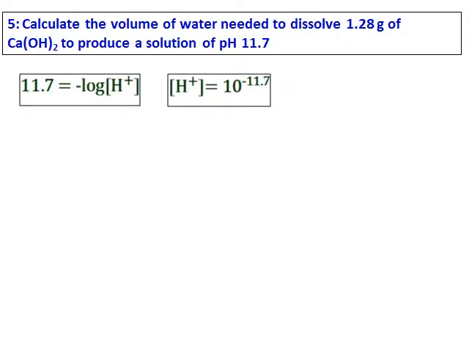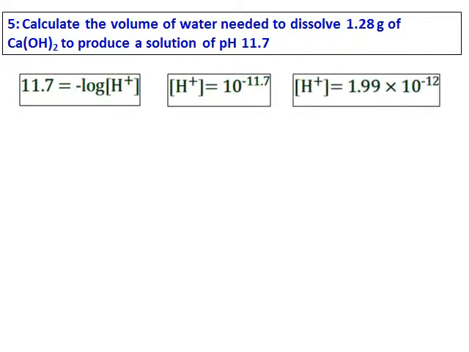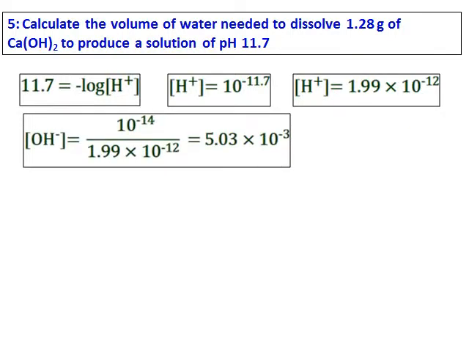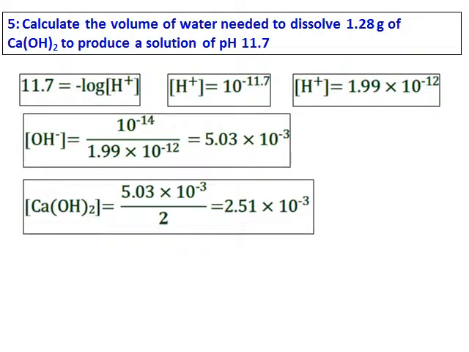So get the hydrogen ion concentration by taking the antilog, and once you get the hydrogen ion concentration, the next step is, you know, that we convert it into the hydroxide ion concentration. But in case of calcium hydroxide, every 1 mole of calcium hydroxide gives me 2 moles of hydroxide ion. Therefore, concentration of calcium hydroxide will be half of this.